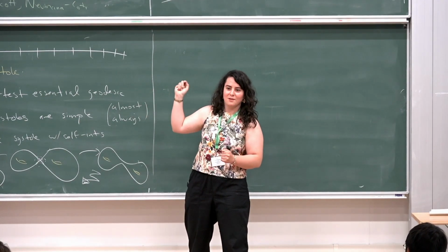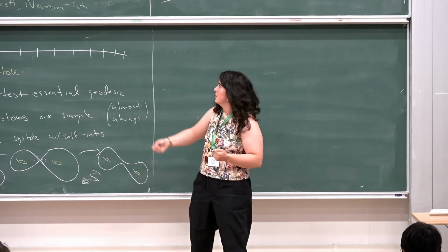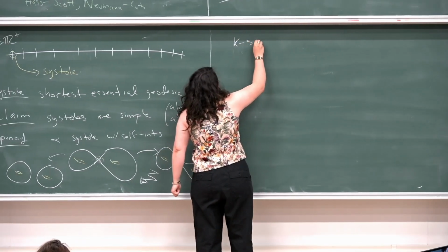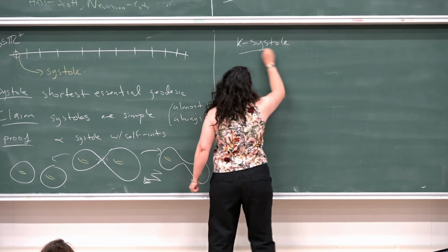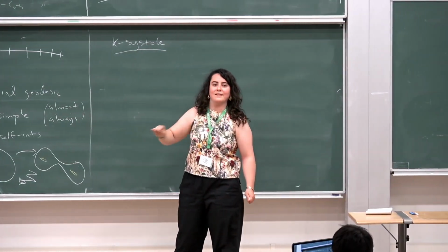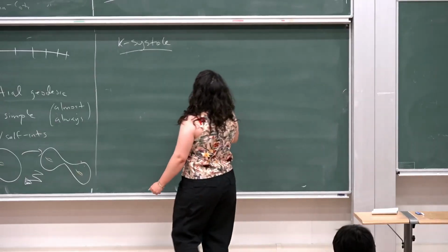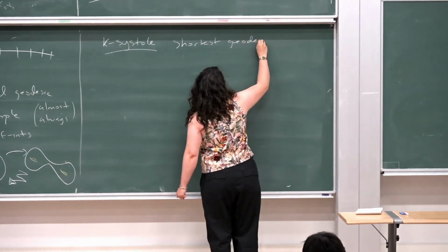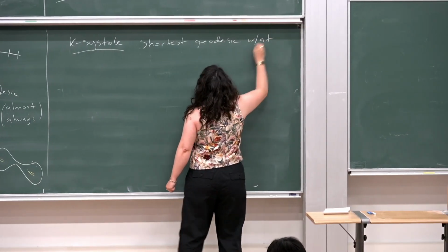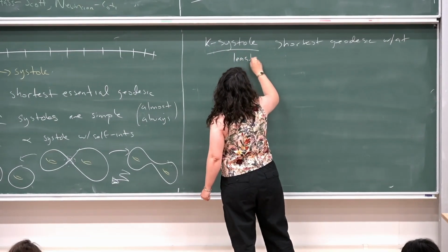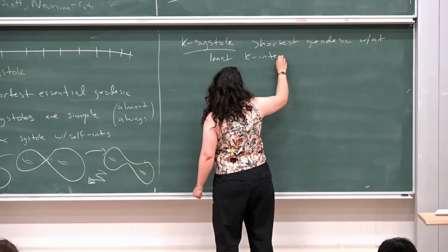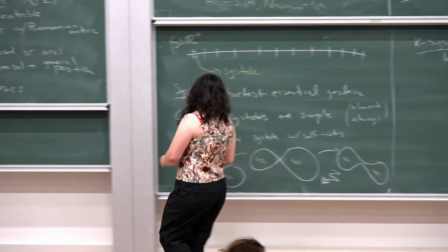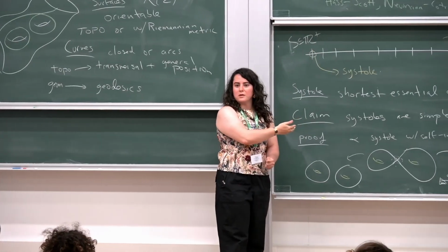There are many other points. Maybe we want to study other special points. So what are other special points that we could study? So we can define a K-systole to be a shortest geodesic with at least K intersections. And what we have just proven is that zero-systoles have exactly zero intersections.